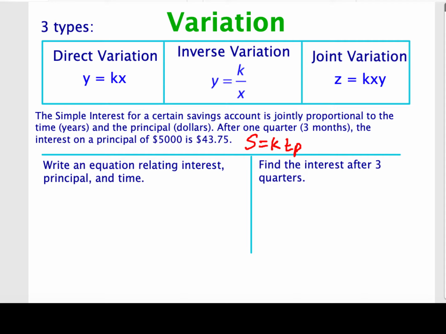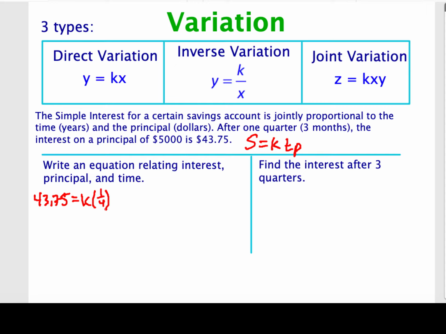Well, if we plug in the stuff that we know down here in the space that we have provided, we know that the interest will be $43.75. We don't know the constant yet, but we do know that the time was 1/4 of the year, because we want to talk in yearly or annual interest.